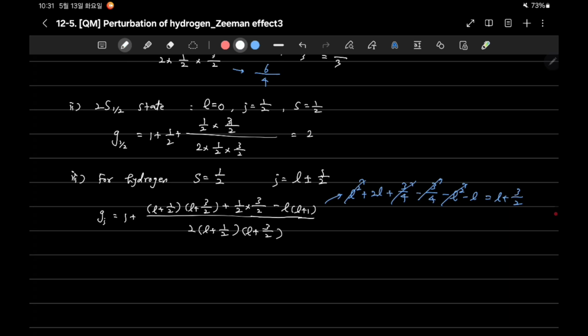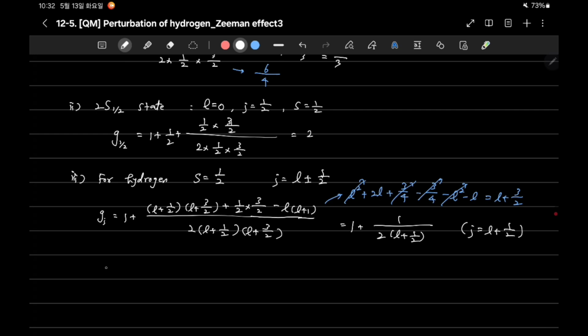Then it is 1 plus 1 over L plus 3/2, which cancels with each other, so the result is (2L + 2)/(2L + 1) in the case of J = L + 1/2.